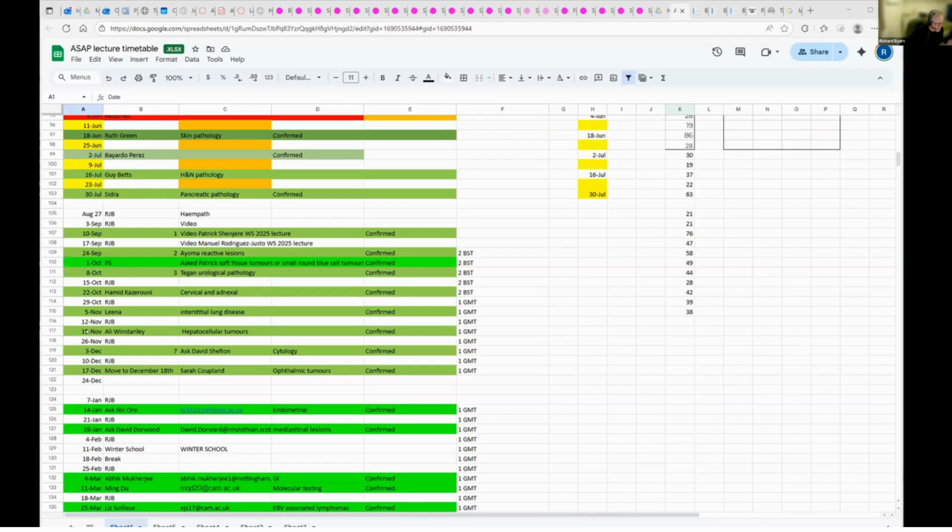So we'll be changing from a Zoom platform to a new platform next week on the 19th of November. But all any of you need to do is just click on the link that Ava will send out for next week and it will activate immediately.